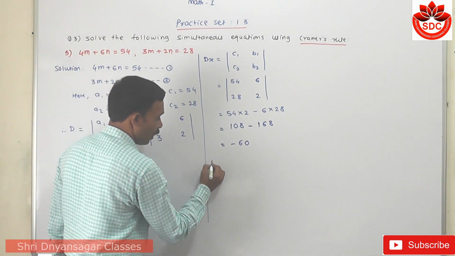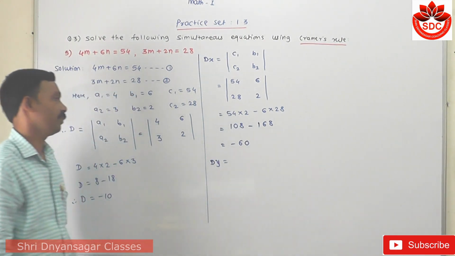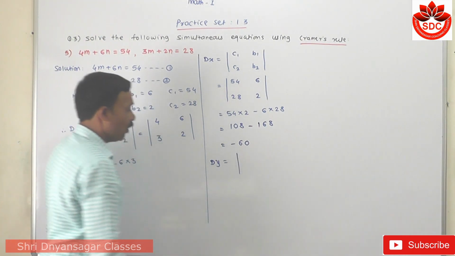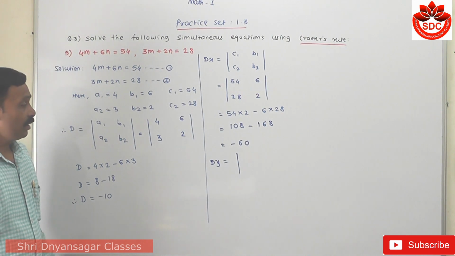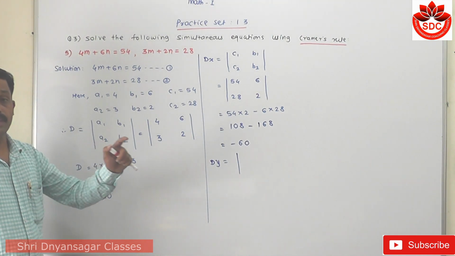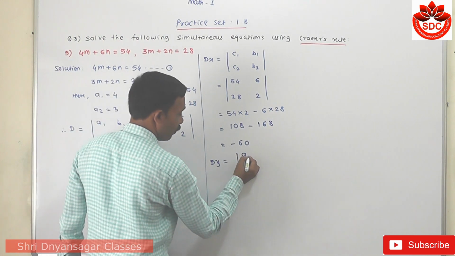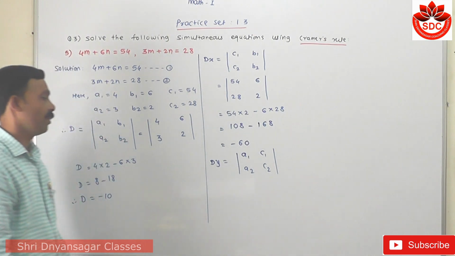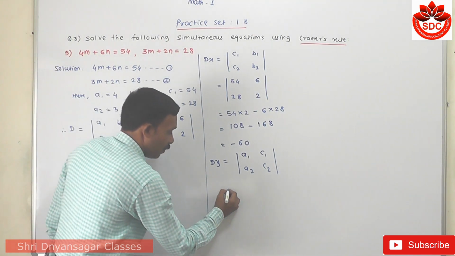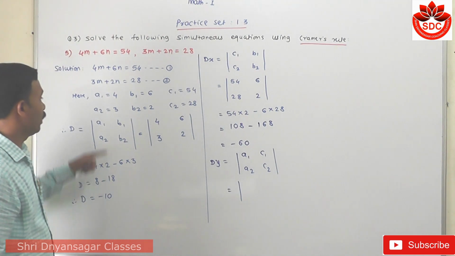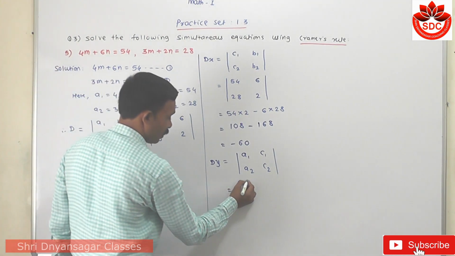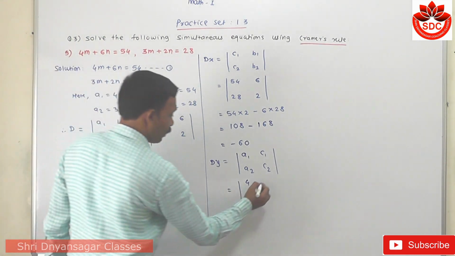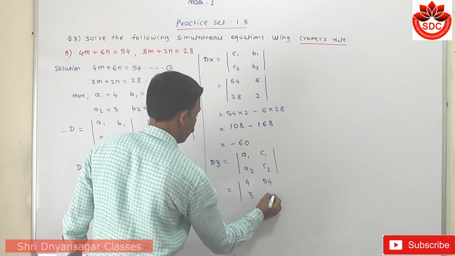Then we can find out the value of determinant of y. Now we replace b1, b2 by c1, c2. Then here is a1, a2 and here is c1 and c2. Now the value of a1 is 4 and a2 is 3, then c1 and c2 is 54 and 20.